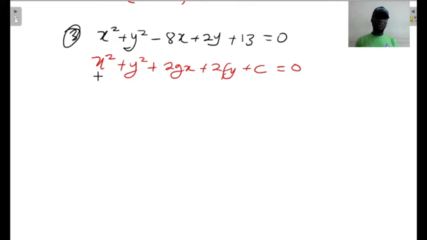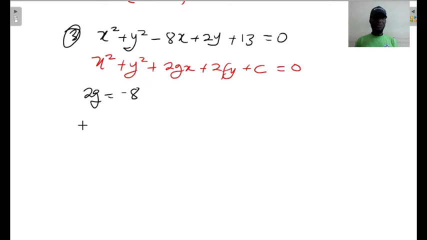By comparison, you can see that there is x squared here, there is x squared here. There is y squared here, there is y squared here. And for the 2gx to be equal to negative 8x, 2g must be equal to negative 8 before the two of them can be equal.